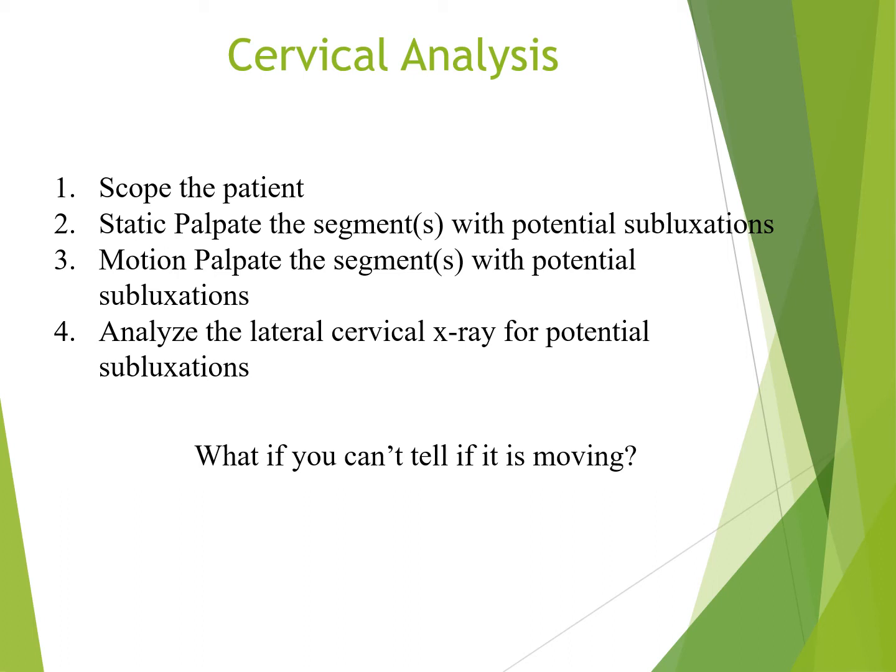And if we cannot tell if the segment is moving, there's one thing that we can do to determine the movement of that segment. We can do a flexion film. We put the patient into the flexed position. We take the film and we try to determine if the segment's fixated in an extension position or if it's moving freely.